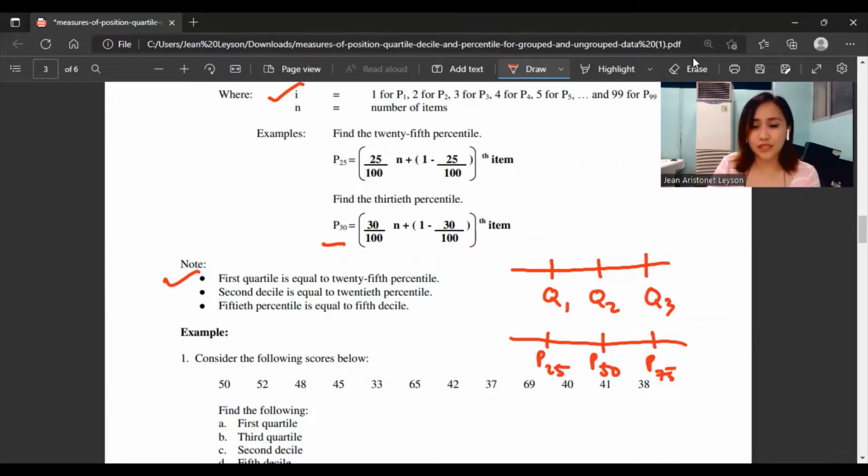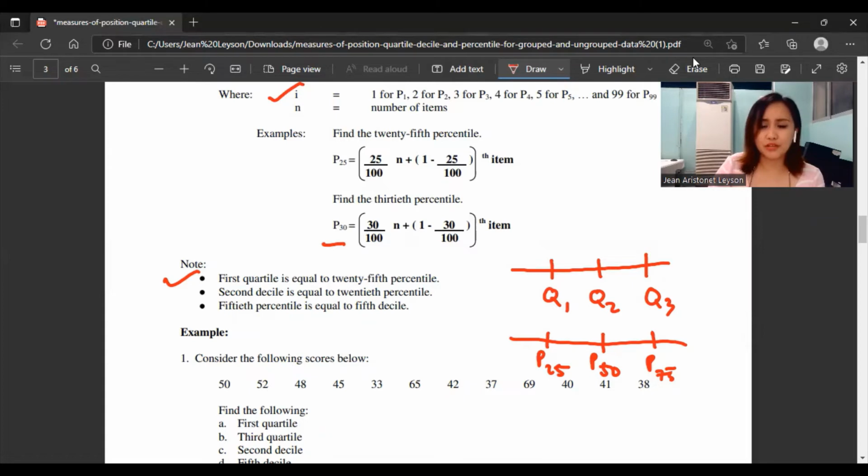So again, the first quartile Q sub 1 is equal to the 25th percentile. They are equal. The second decile is equal to the 20th percentile, and the 50th percentile is equal to the 5th decile. So there are quantiles that are equal depending on the given position.